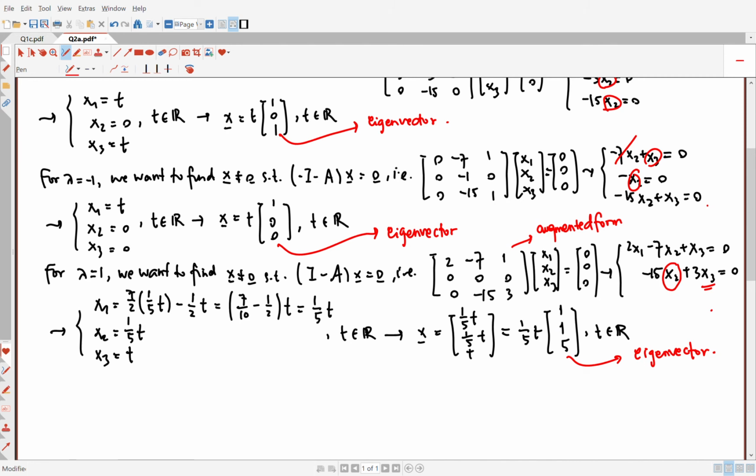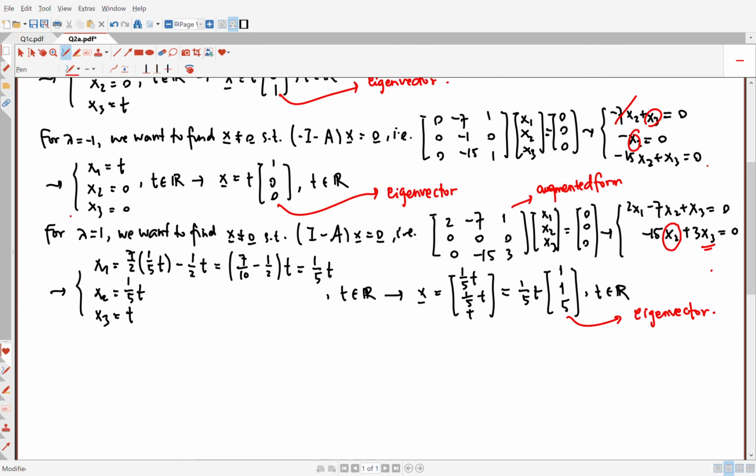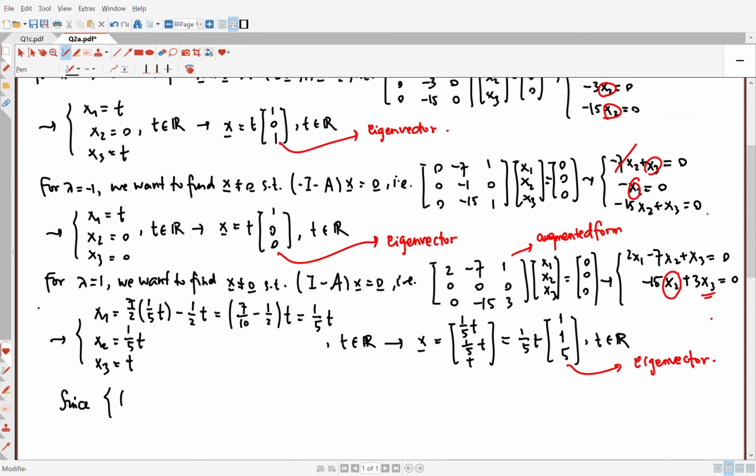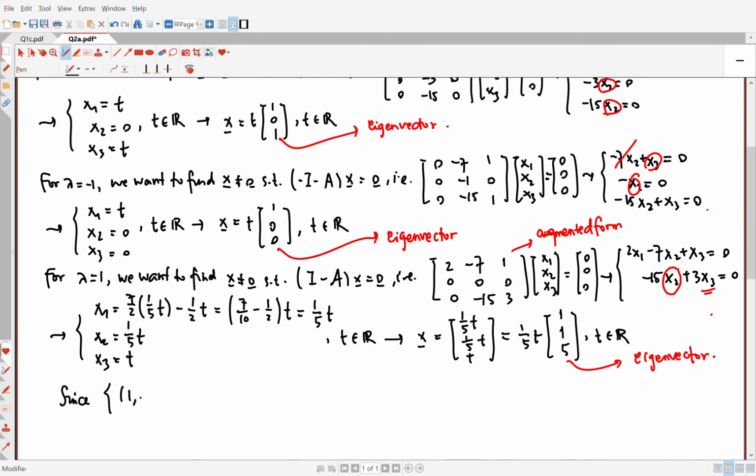So the union of these three is linearly independent, since (1, 0, 1), (1, 0, 0) and (1, 1, 5) is linearly independent.